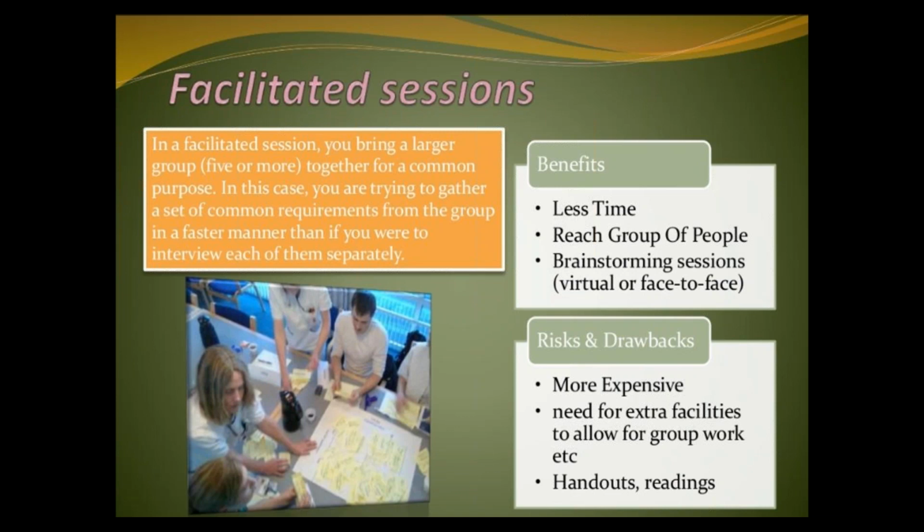It is more expensive because you have to make necessary arrangements for them. Need for extra facilities as per the participants, depending on what level of participants you have. If you have someone from the top management group, you have to make necessary arrangements for that. And you have to prepare the handouts and readings as needed.